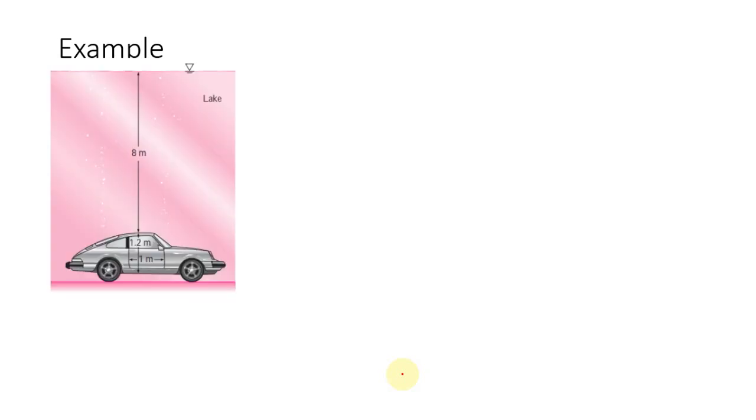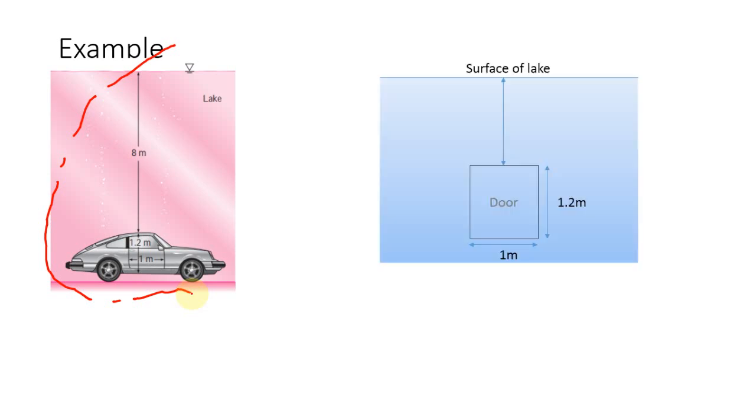So this is what we have. We have the car submerged in the lake, and we are told that to the top of the door we have 8 meters from the lake surface, and so the schematics will be something like this.